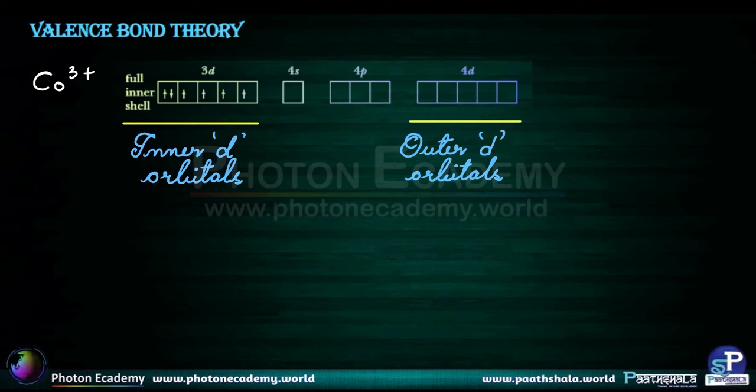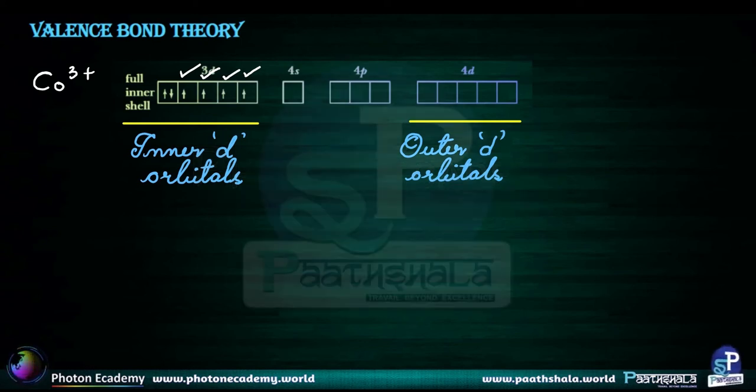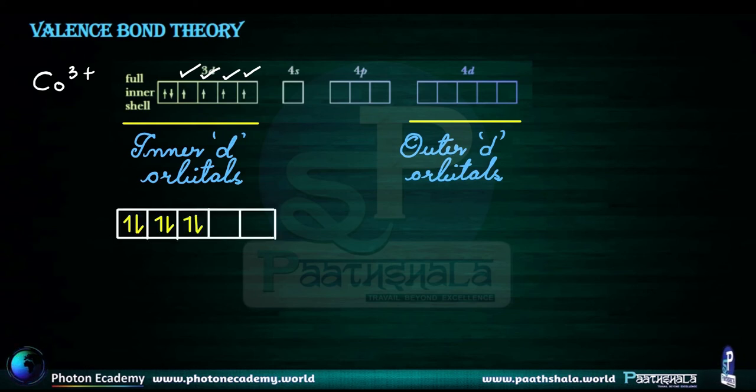In such a case, whatever unpaired electrons are in that d orbital start forming pairs. Let's understand how the electronic configuration would look if the unpaired electrons over here form pairs. This is how the arrangement of electrons would look.